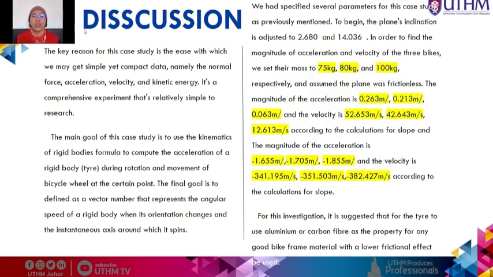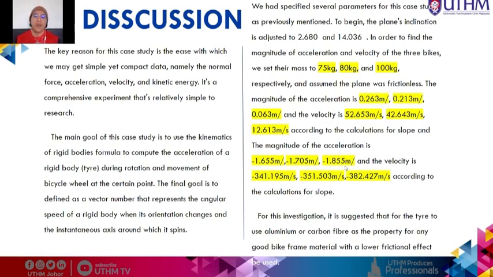And the magnitude of acceleration for the second slope is negative 1.655 meter per second squared, negative 1.705, and negative 1.855.